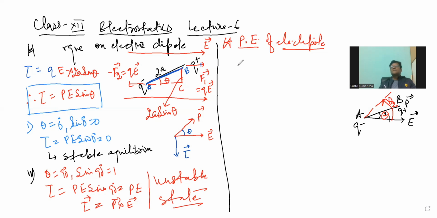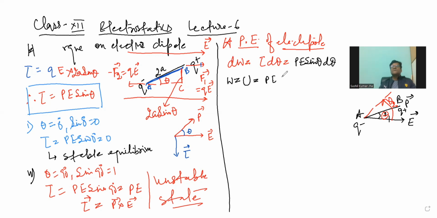So for small change in angle, small work done dW is tau into d theta. Tau we have already done. The formula for tau is what? It's PE sine theta into d theta.